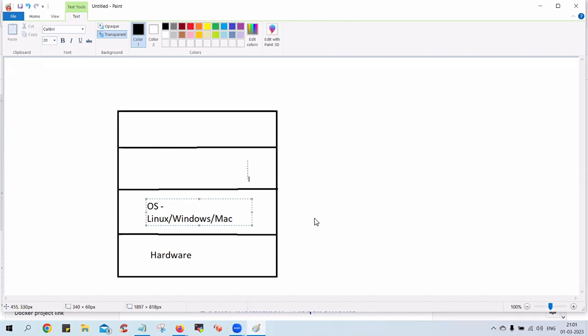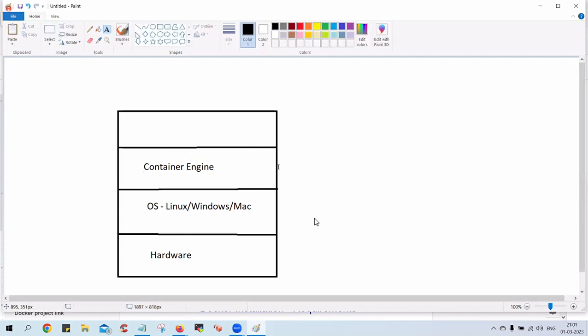Now, upon this, you'll install something called a container engine, CE in short. It's something like a brand. Let's talk about the brands. We have a lot of brands here.